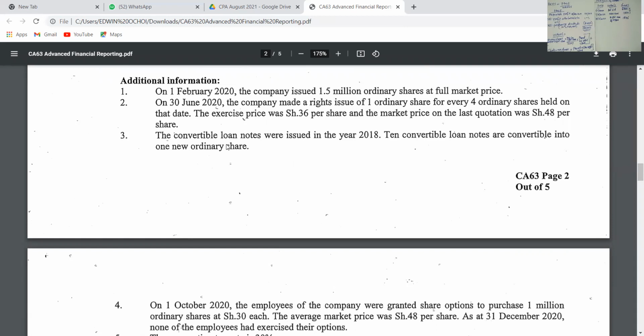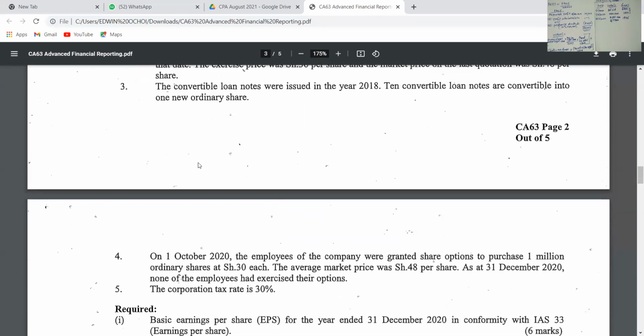Like this one, the convertible loan notes were issued in the year 2018. 10 convertible loan notes are convertible into one new ordinary share.